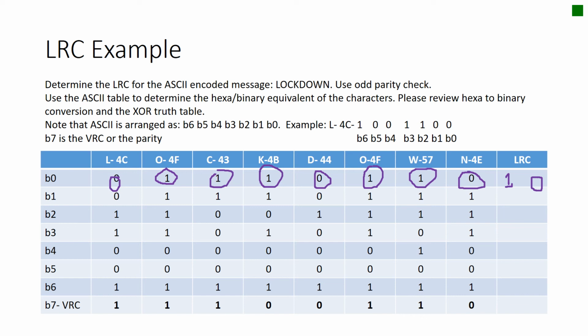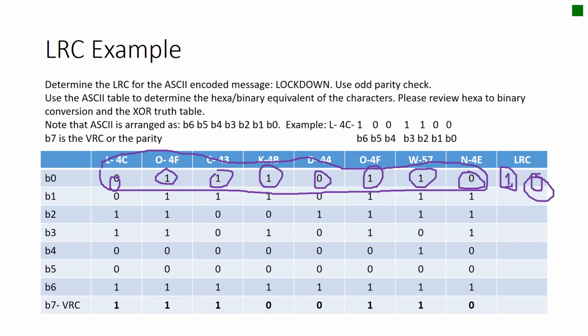Again, by XORing the bits in your entire message, the result of this XOR is 1. But since we are using odd parity check, you need to determine the complement of the resulting XOR. So the complement of 1 is 0.